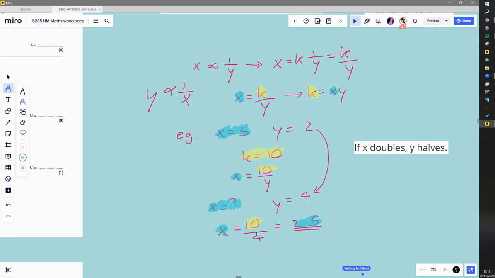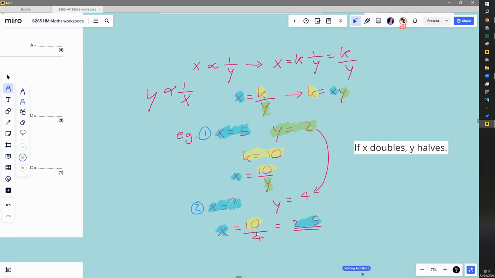And here's y. So in the first situation, y was 2 when x was 5. That's how we found out what k was. And in the second situation, so what we're saying is, in the first case, when x is 5, y is 2. But what is x when y is 4?